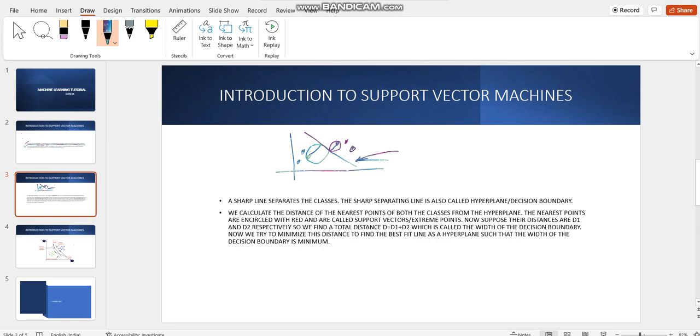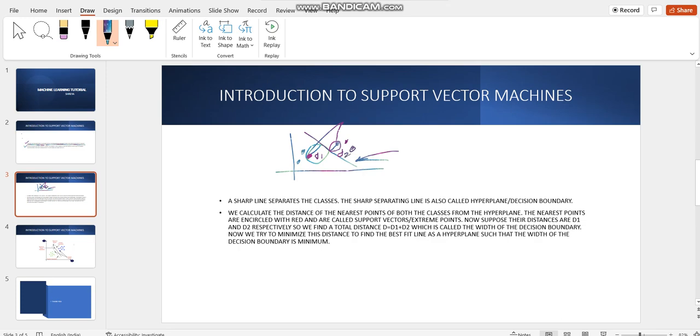The nearest points of both the classes are encircled with red and are called support vectors or extreme points. Now suppose their distances are d1 and d2 respectively. So we find a total distance d equal to d1 plus d2, which is called the width of the decision boundary.